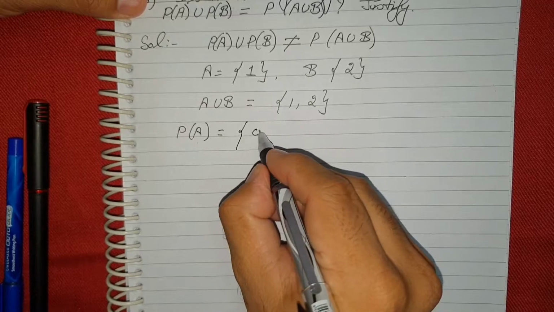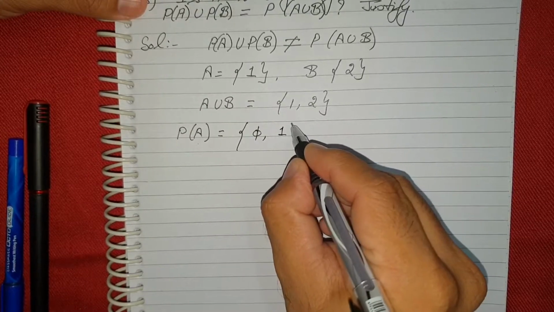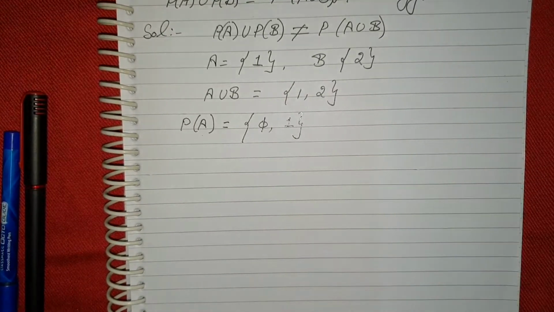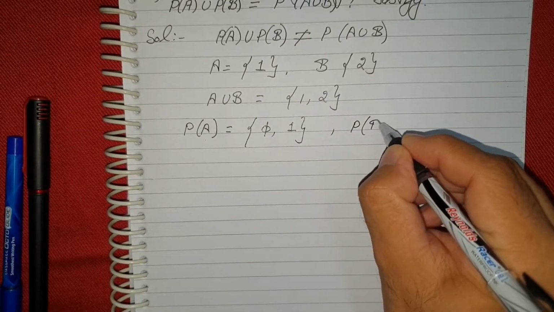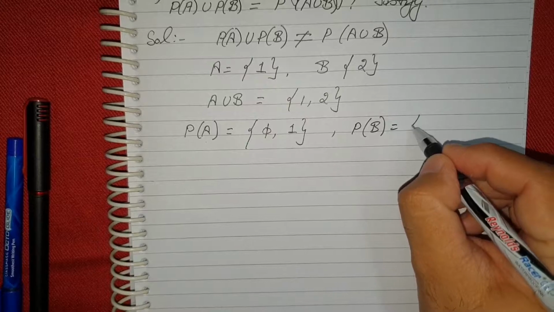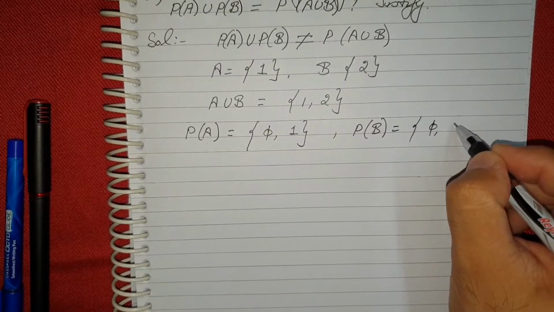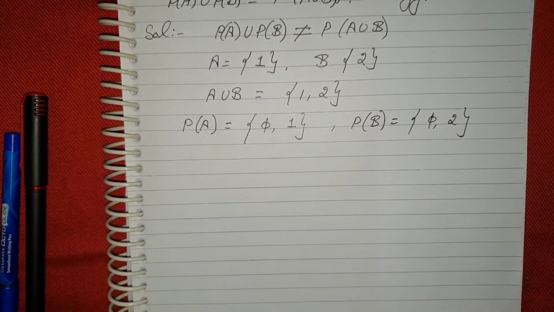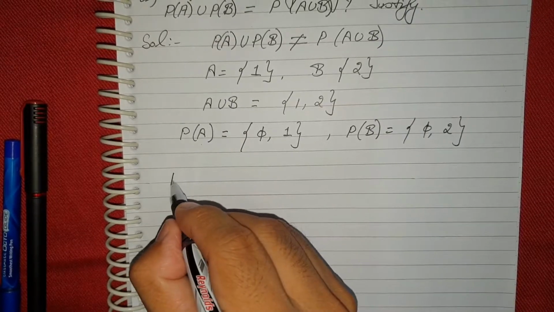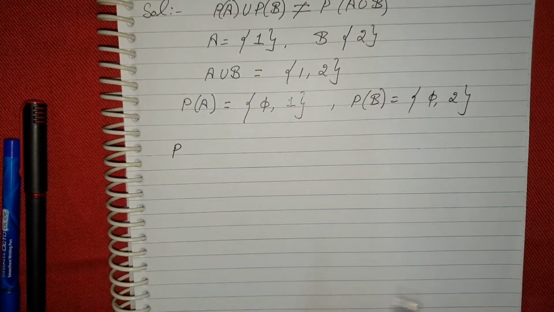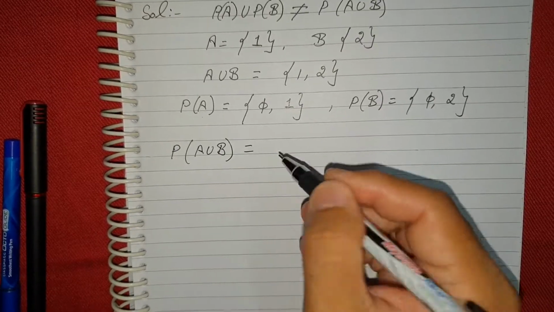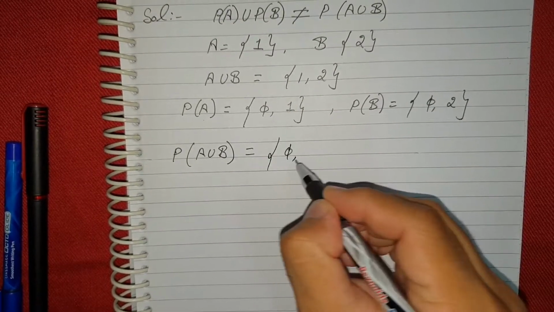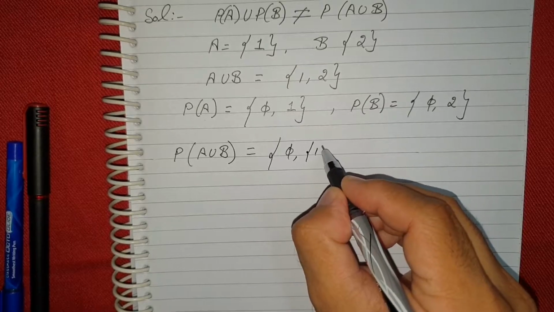So for A, we have phi and {1}. This is power of A. PB, power of B, will be phi and {2}. We take power of A union B.